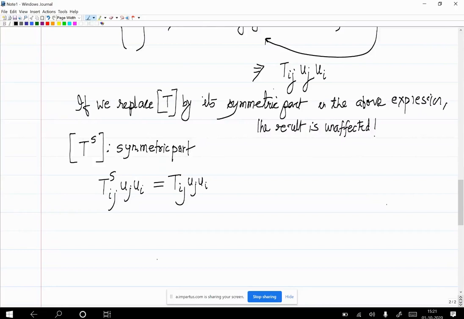Well, first of all, you can't replace T by its symmetric part because T and T symmetric are not the same. But yes, you can replace Ts by T plus T transpose by 2.